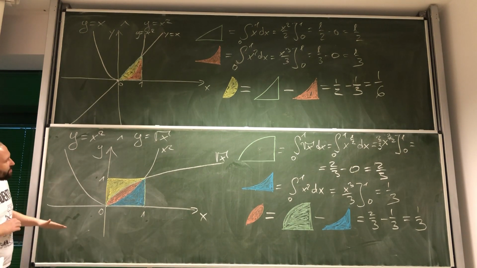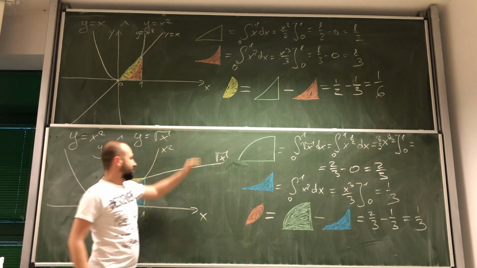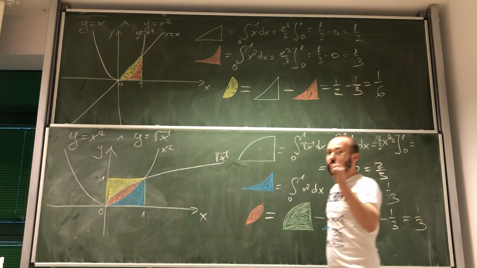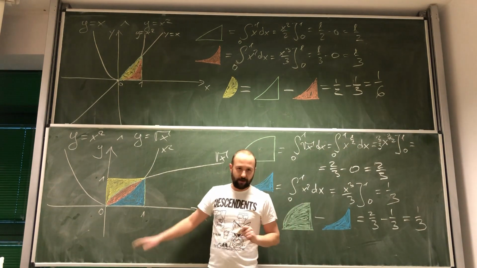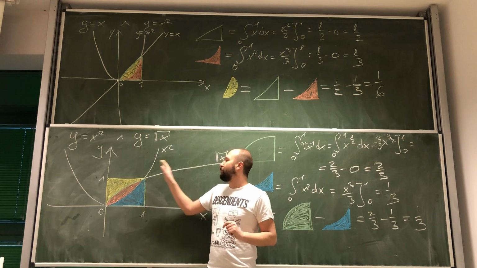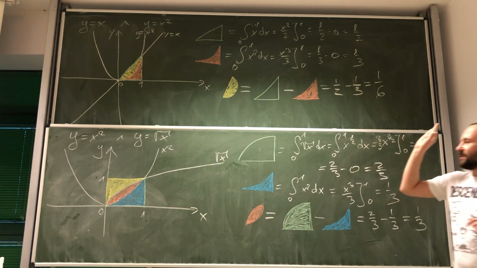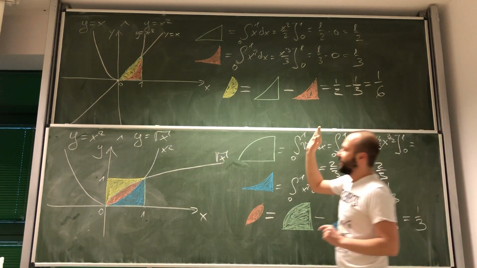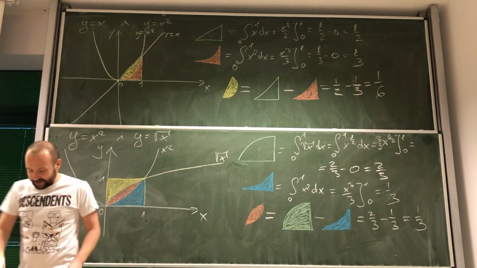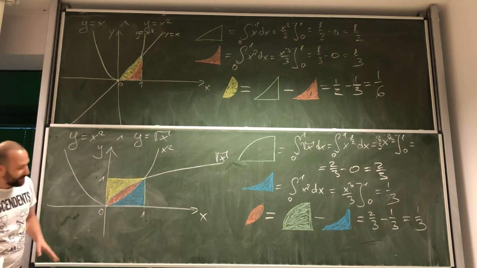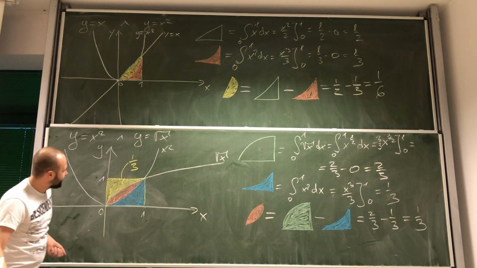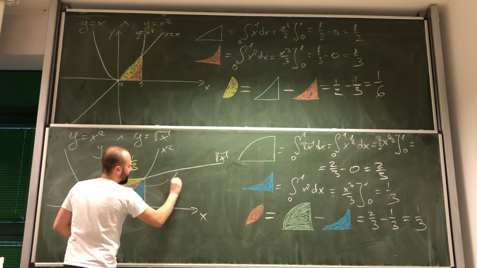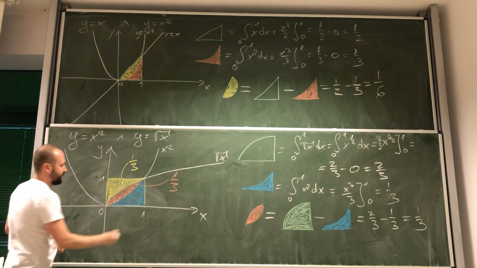And if I put in the quadratic function and the square root, two functions that are actually inverse functions of one another in this interval, they will perfectly divide this square into 3 parts, each of which is of size 1 over 3.